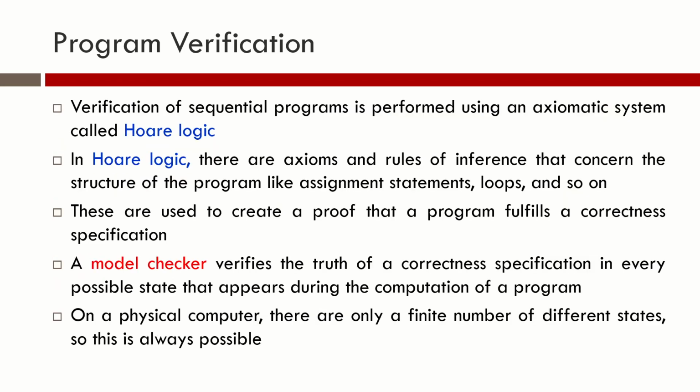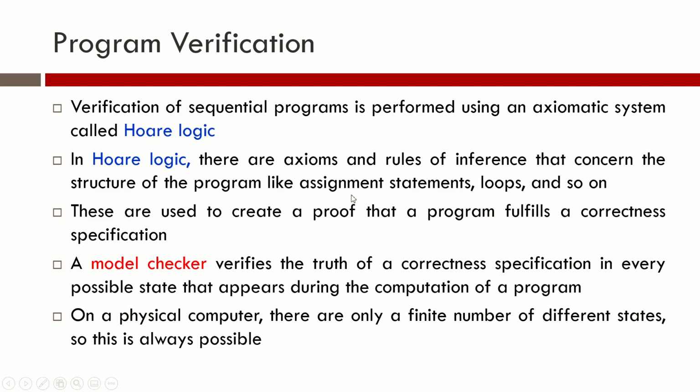And now when we come to verifying the program, verification of sequential programs can be done using the axiomatic system called Hoare logic. In Hoare logic we have axioms and rules of inference.